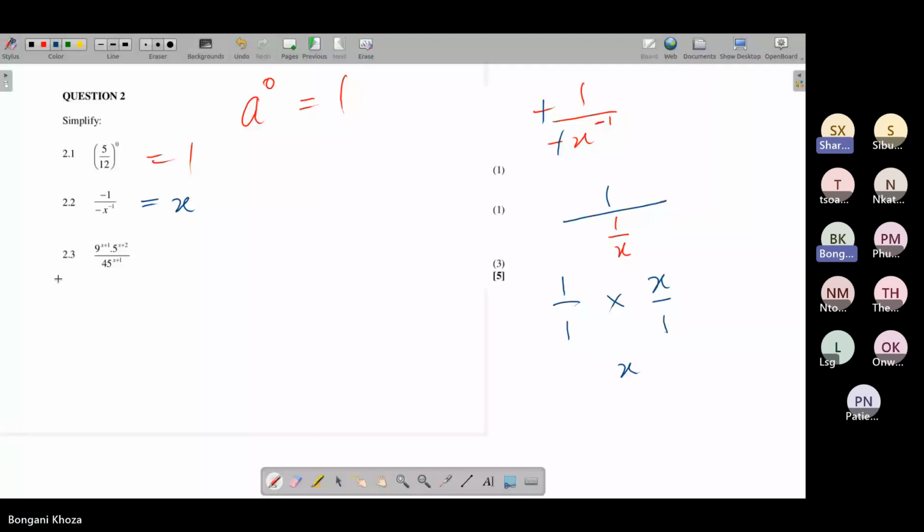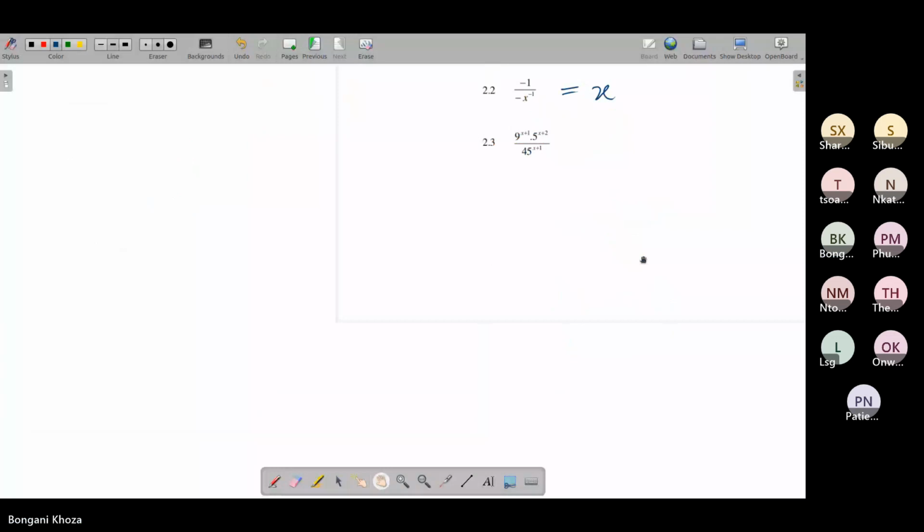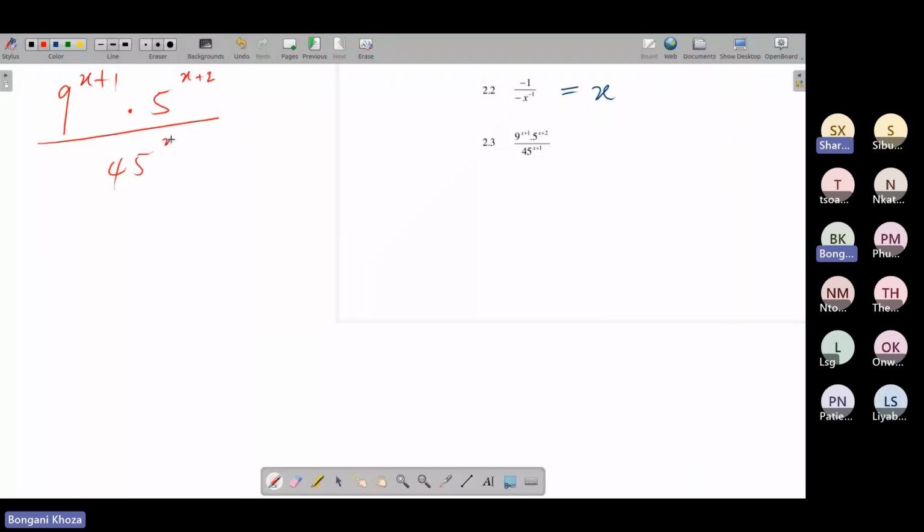Right, and then the last one over here, we are given 9 to the power x plus 1 times 5 to the power x plus 2 over 45 to the power x plus 1. So the first thing you try to do is convert everything into its prime factors.